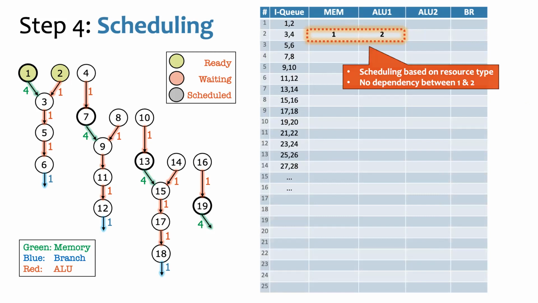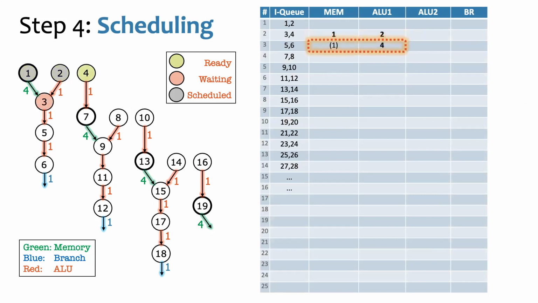Okay. And then in the next cycle, right, 3 and 4 are waiting in the instruction queue. But I can only put 4 into the pipeline, right? Because 3 is waiting for the result of 1. 1 is not going to finish until 4 cycles afterwards. So you cannot start 3 on cycle 3, but you can start operation 4, right? 4 doesn't have any dependency.